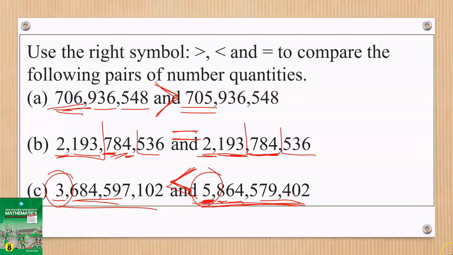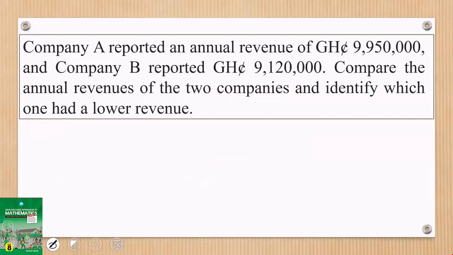Okay, let's take the last question. Company A reported annual revenue of 9,950,000 and company B reported 9,120,000. Compare the annual revenues of the two companies and identify which one had a lower revenue.